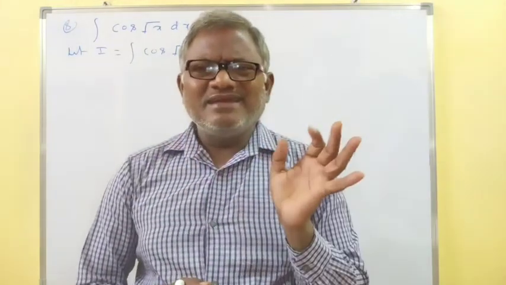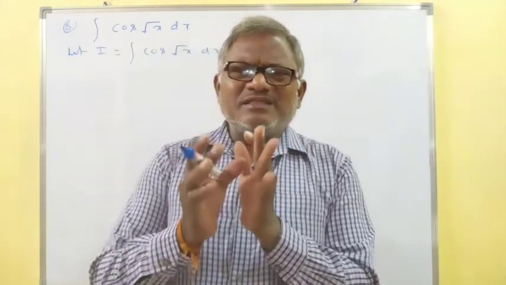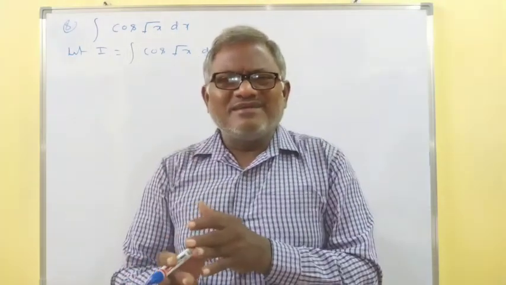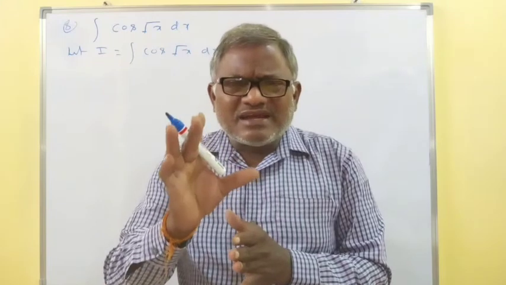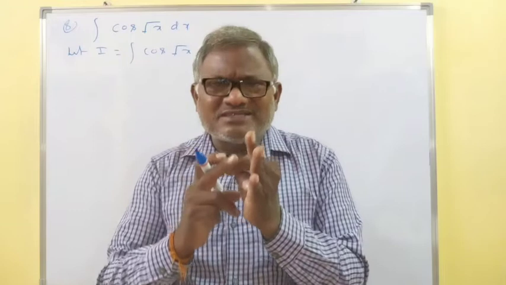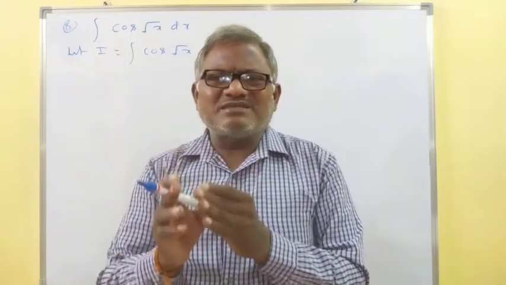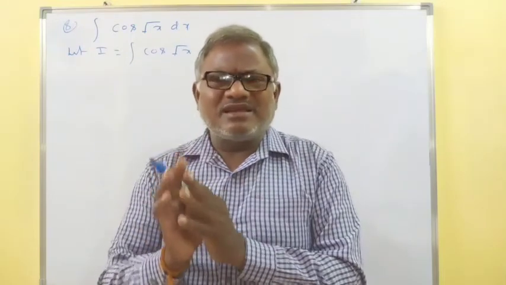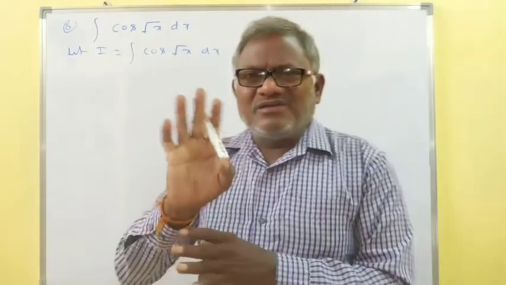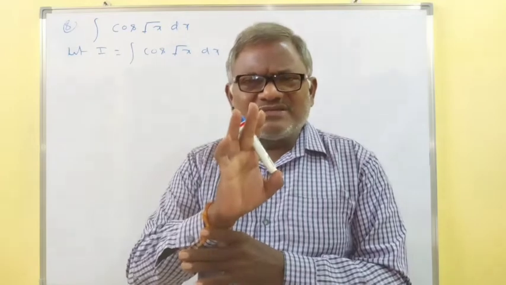Just put it as t. Some students may think that for a single function, the second function is 1. Second function is considered 1 for logarithmic functions and inverse functions only, and root of a square minus x square, root of x square plus a square, like this. Whereas here, don't put the second function as 1.